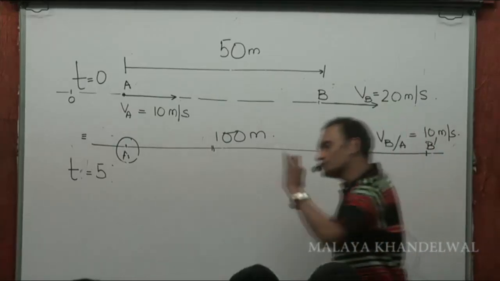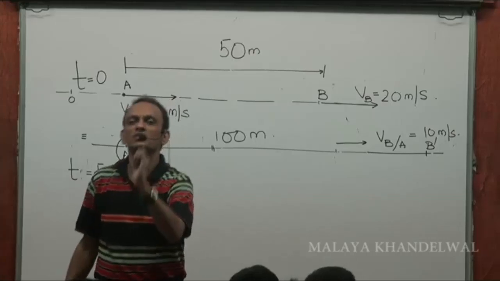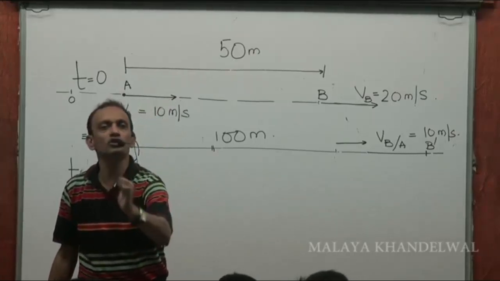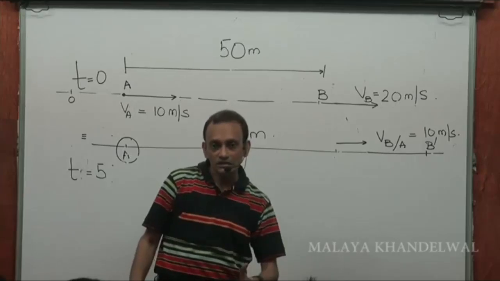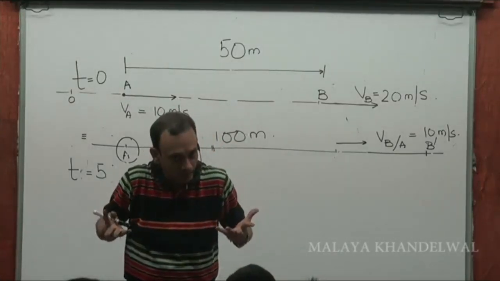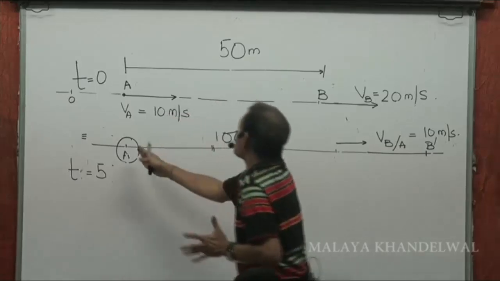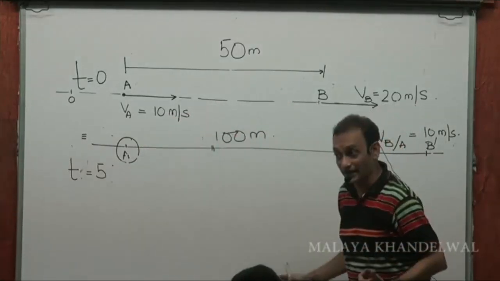So when you attempt to reduce a problem to its equivalent relative velocity problem state, what you're sacrificing is the actual positions of the particles involved. The actual positions of A and B are not what is shown by the equivalent relative velocity diagram.